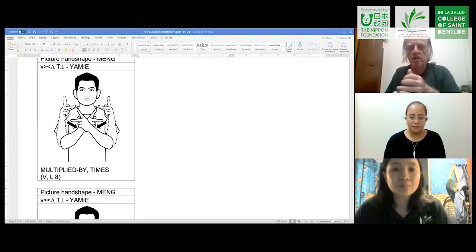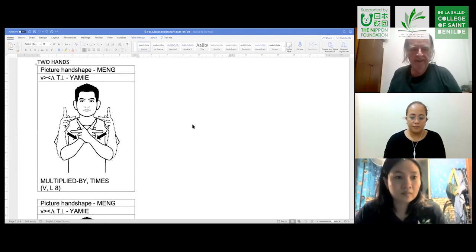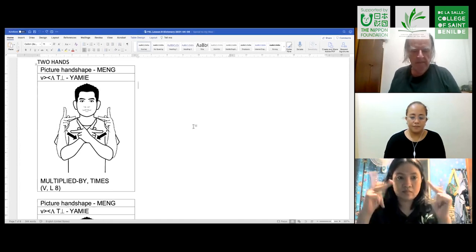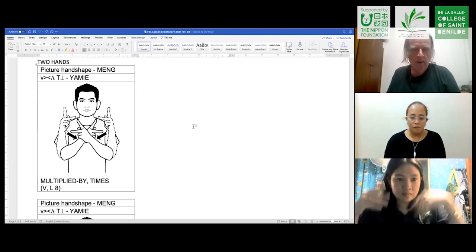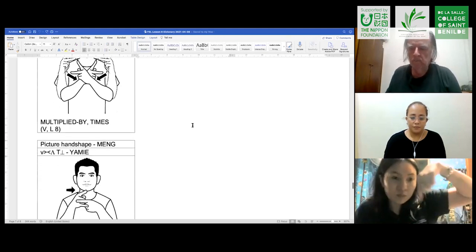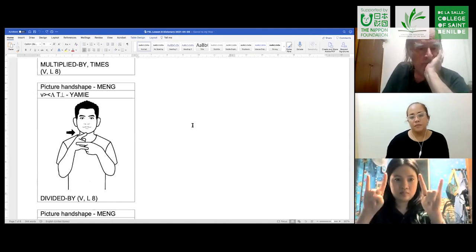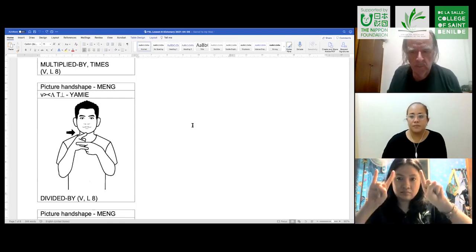So it's the K hand shape. So go down. Now it's the pinky and index out.